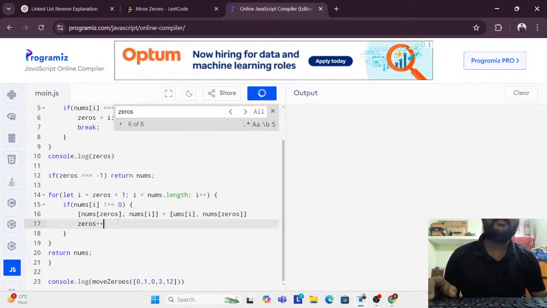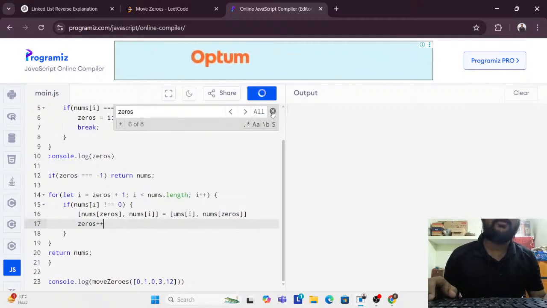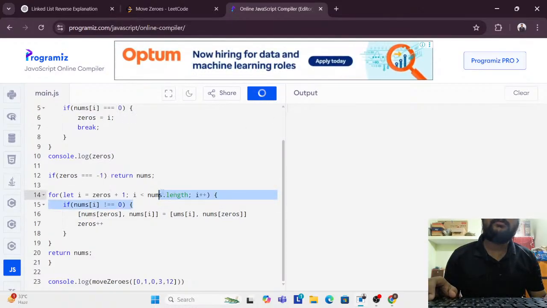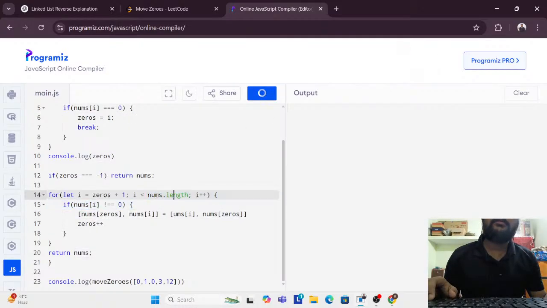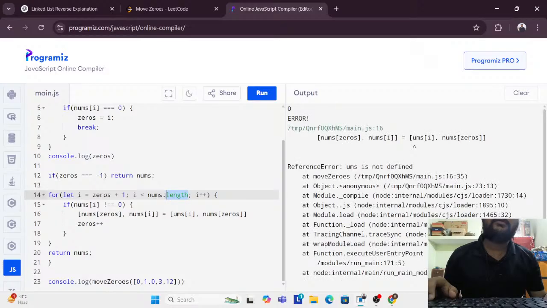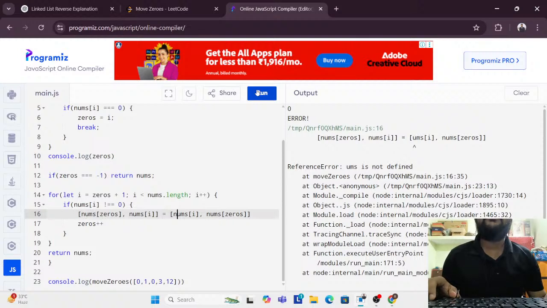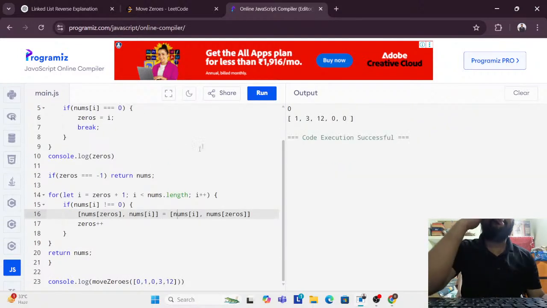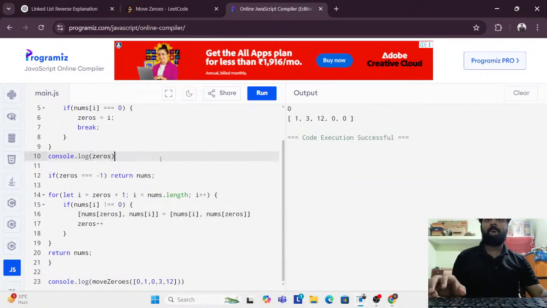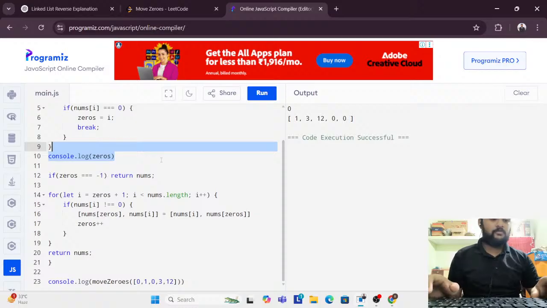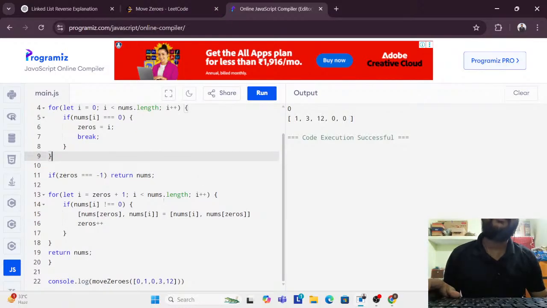But now I found it, but why was it giving an error here?